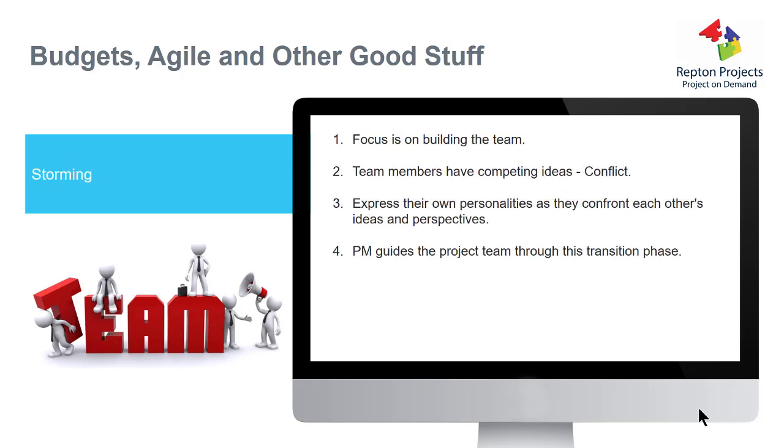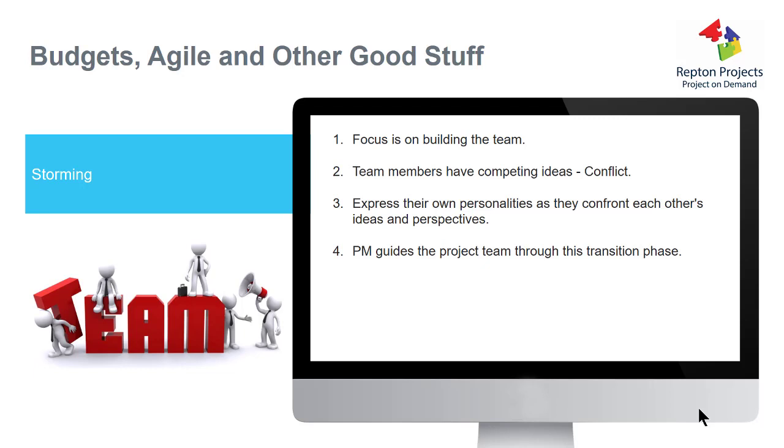The second stage, storming, very much as the name suggests, is all around conflict. So here we've moved on from forming the team, we're now looking to build the team ethos, understand what the team is all about. So team members will bring ideas to the table about the direction of the team generally and how we'll meet the objectives of the project, but that can quite easily create conflict.